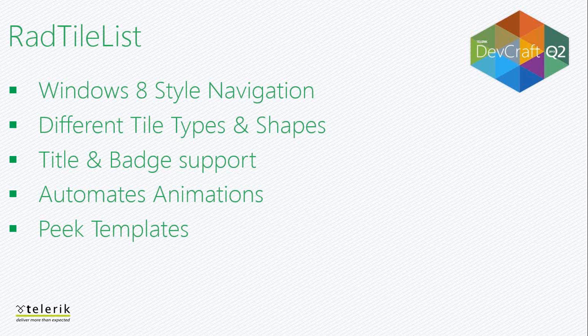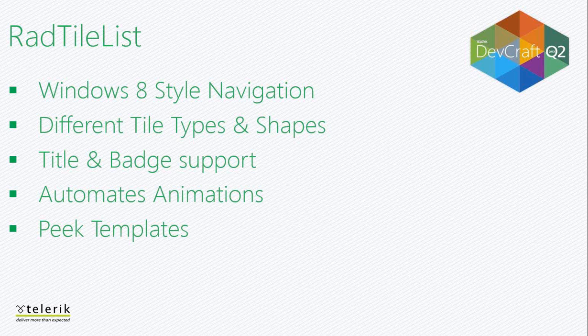That's known as a badge. If you look at the Windows 8 mail icon on the home screen, it shows you how many messages there are. Or if you see Facebook or any app, they usually show a counter. That's additional information the tile can provide you. So we give you the same title and badge support.